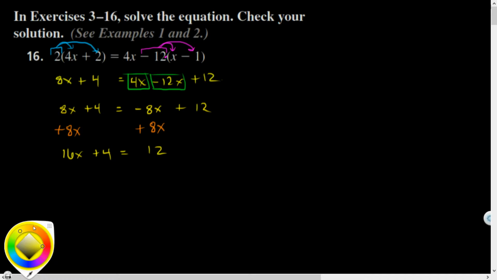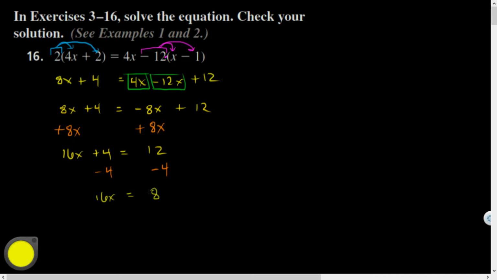Now what do I do? How do I get x by itself? Subtract 4 from both sides. I wanted it to be 16. Yeah, I wanted it to be 16 as well.